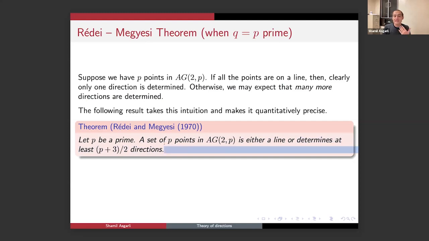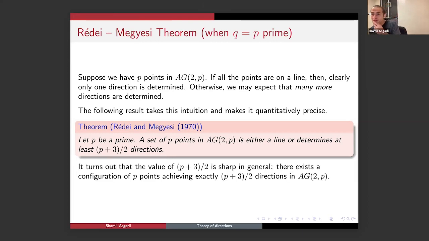Again, this is in alignment with our intuition, because either you are a line, in which case you determine one direction, or the point set determines at least (p+3)/2 directions, which is a sizable quantity. It's more than half the directions, because remember, there are p+1 directions.